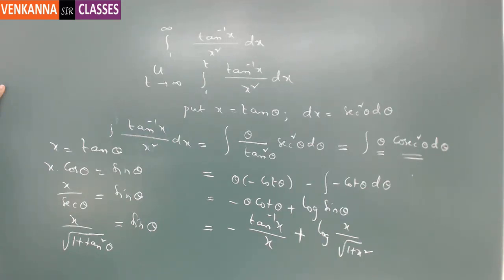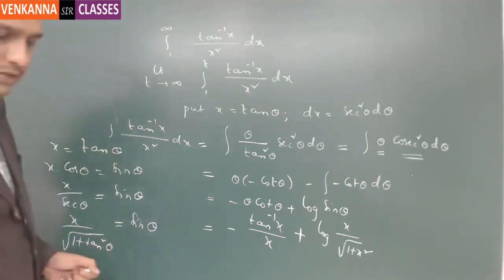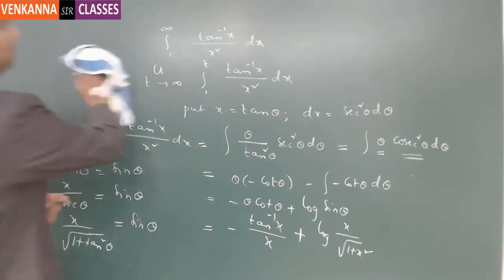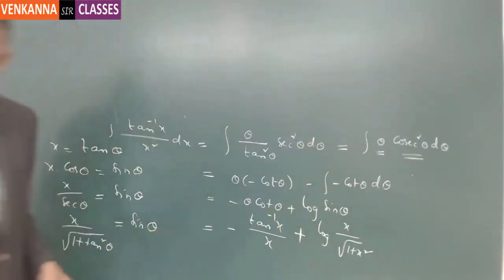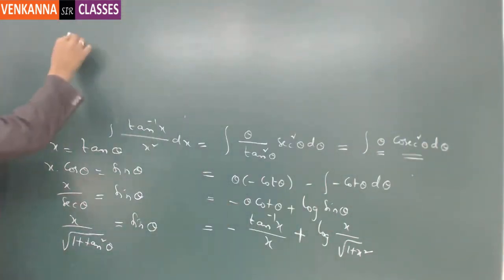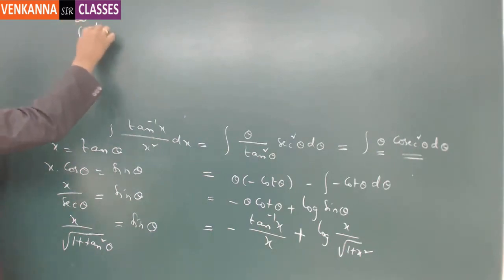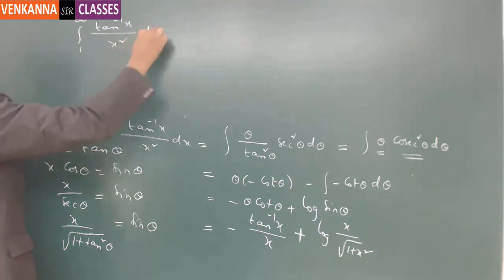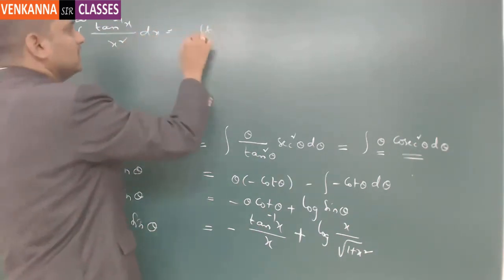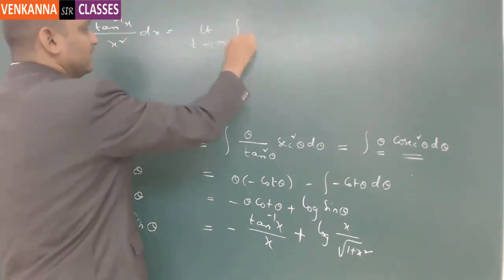Now we do the limit part here and we go for the substitution of upper limit minus lower limit. So here if you consider the limits, integral 1 to infinity tan inverse x by x square dx is equal to limit t tends to infinity.